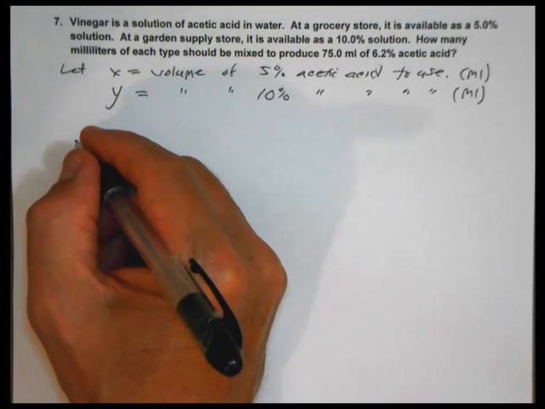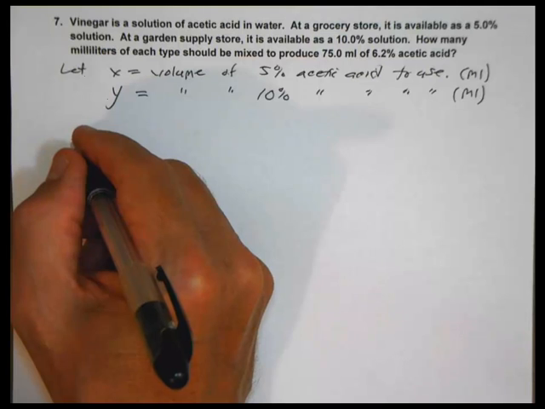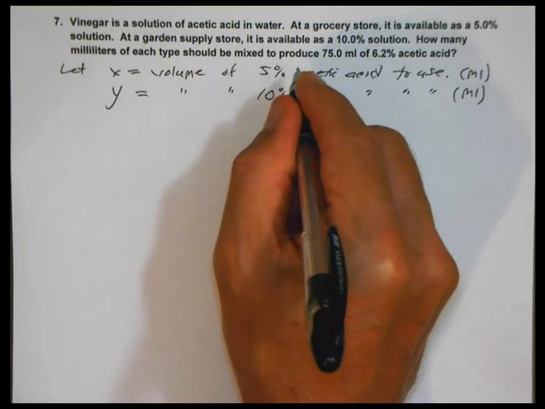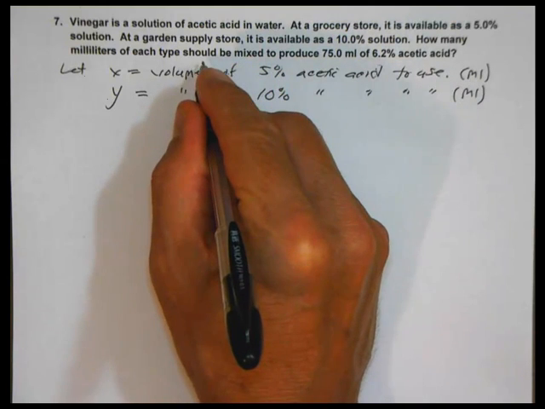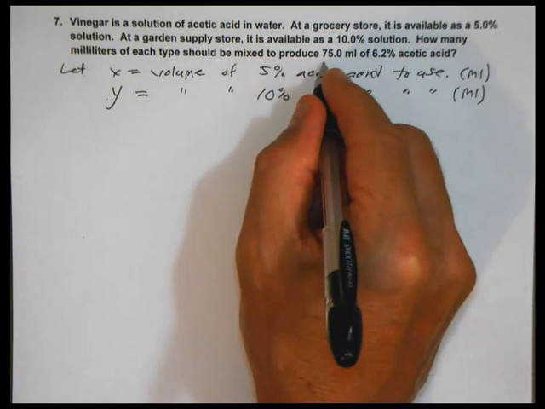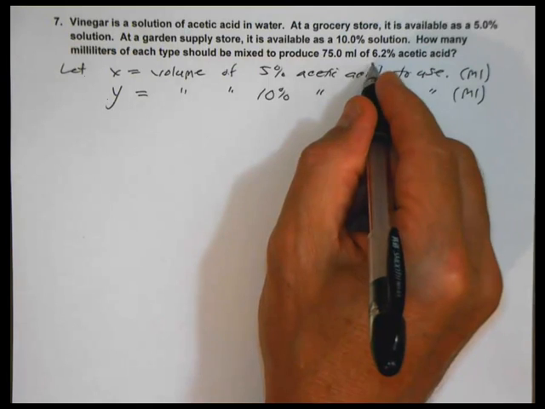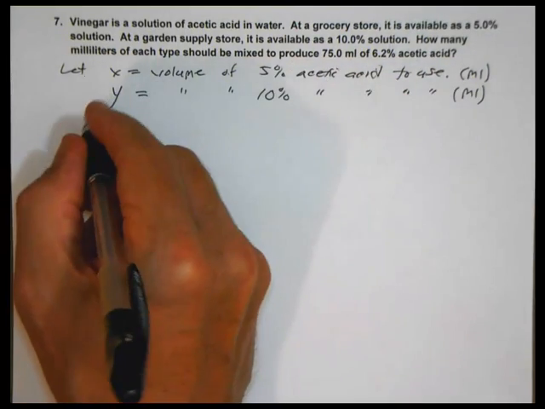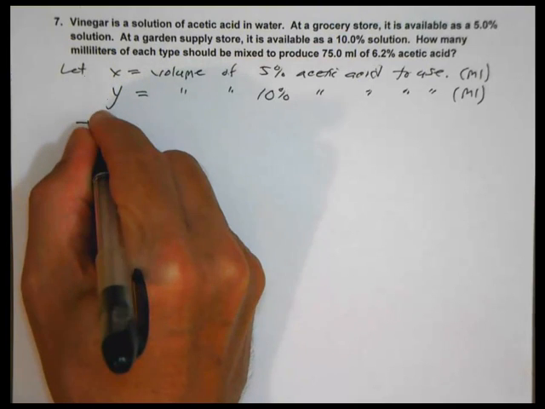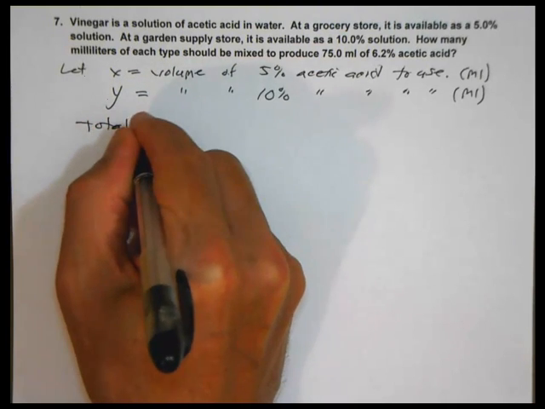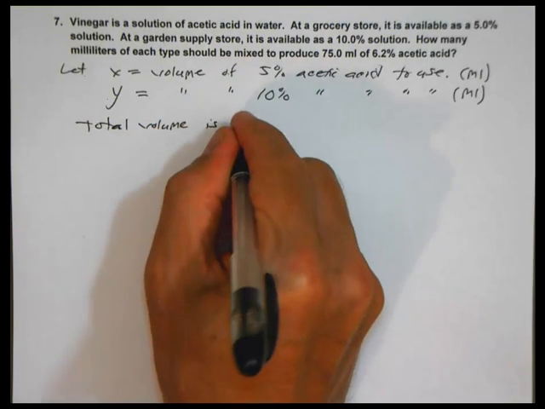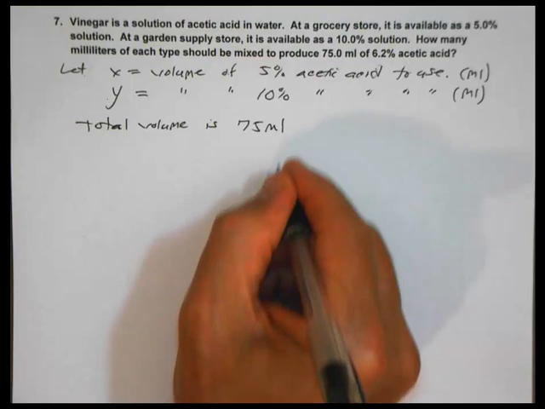Alright, let's see, what have we got for source of equations here? This item here, we are producing 75 mLs of this 6.2% acetic acid. So we can say that our total volume is 75 mLs.